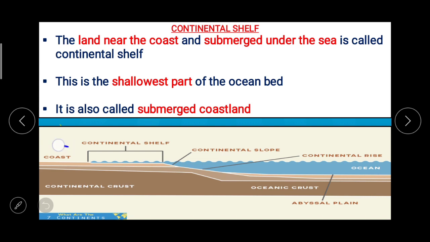Now here you can see coast and the land which is near the coast, this one, here you can see continental shelf. This is the shallowest part of the ocean bed and it is also called submerged coastland. Its slope is gentle. Now in this figure you can easily understand this one coast and this one continental shelf.